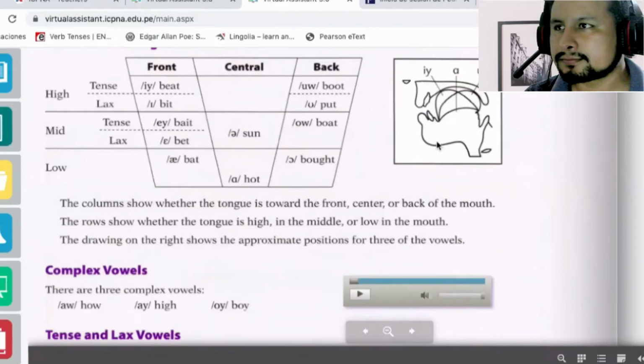Okay, now, let's see if you can recognize the symbols. And you tell me the sound. Let's see if you remember. Okay? Okay, let's see. What is this sound? Ee. Yeah, tense, remember. Ee. Okay. What about this?